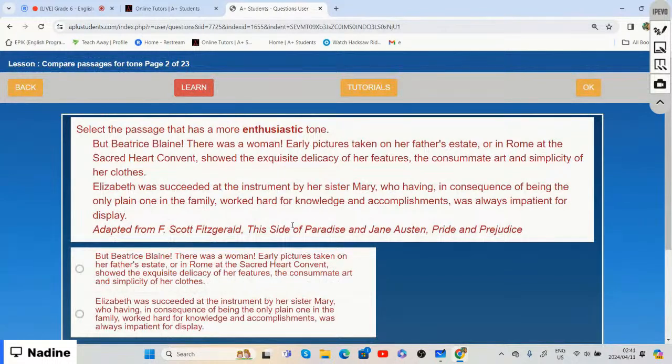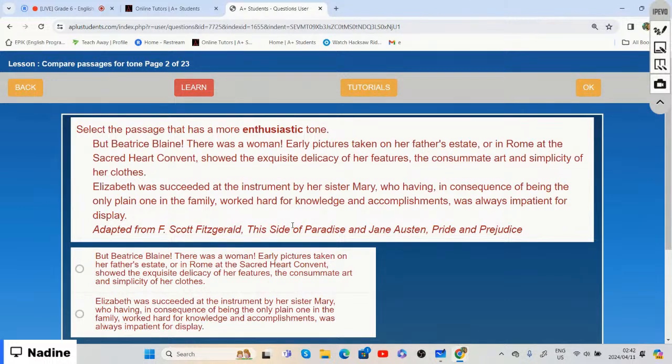It says, Beatrice Blaine, there was a woman, early pictures taken on her father's estate, or in Rome at the Sacred Heart Convent, showed the exquisite delicacy of her features, the consummate art and simplicity of her clothes.